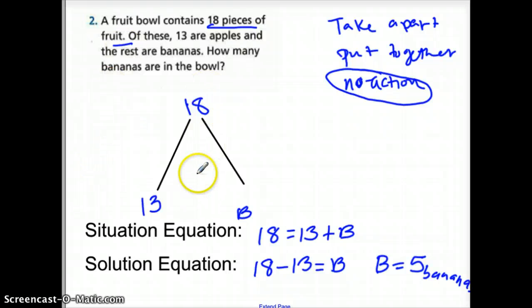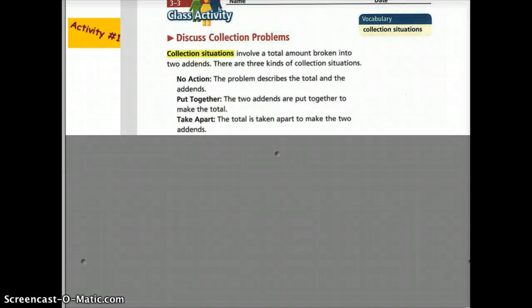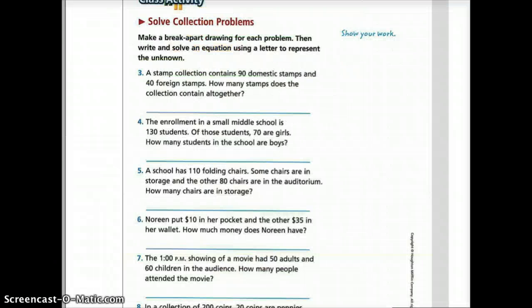Alright, you need to raise your hand for page 128. On this page, you need to make a break-apart drawing for each problem. Then write and solve an equation using a letter to represent the unknown. So for number 1, I have a stamp collection and it contains 90 domestic stamps and 40 foreign stamps. How many stamps does the collection contain all together?